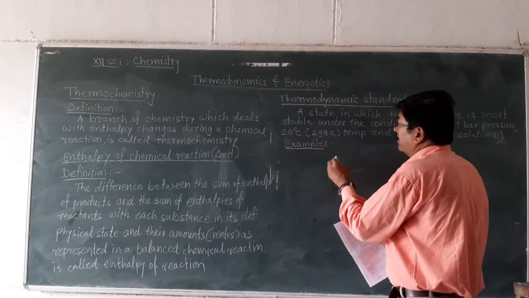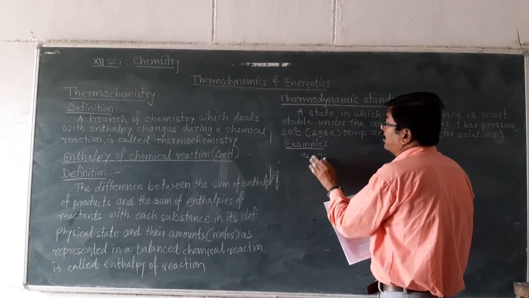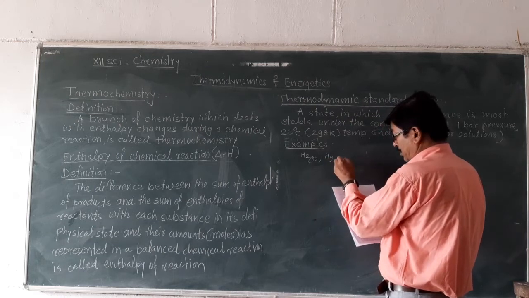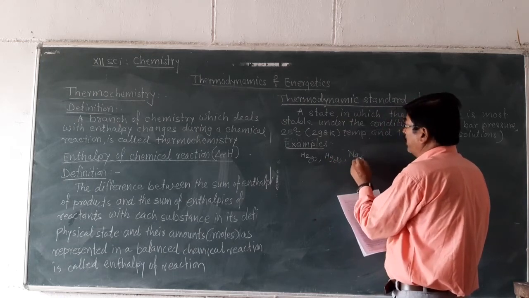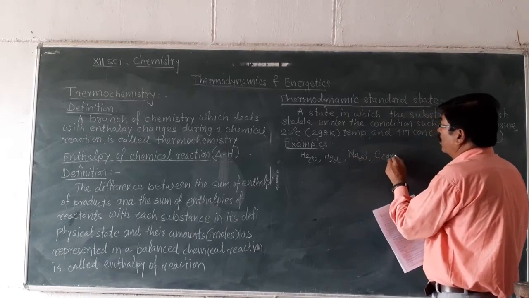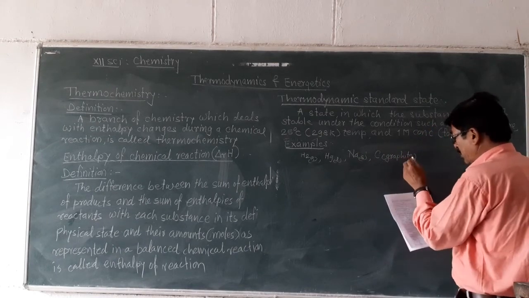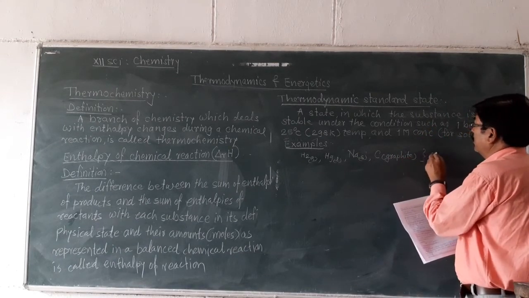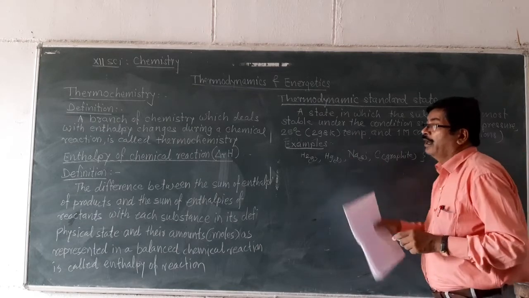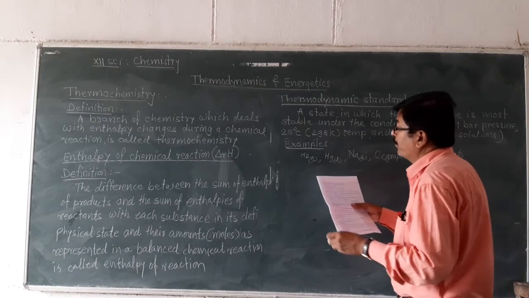Under standard state, H2 gas, Hg liquid, sodium solid, carbon solid or graphite. All these are elements in their standard physical states at 1 bar pressure, 298 Kelvin temperature.